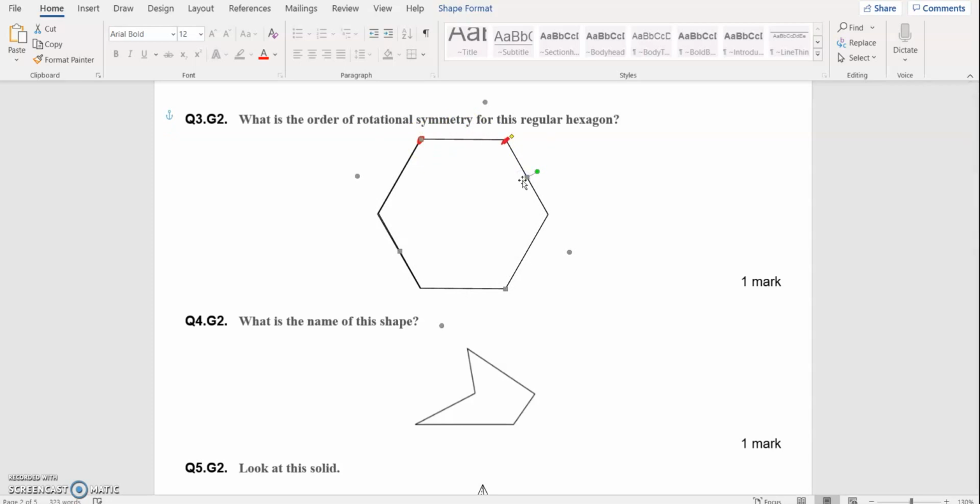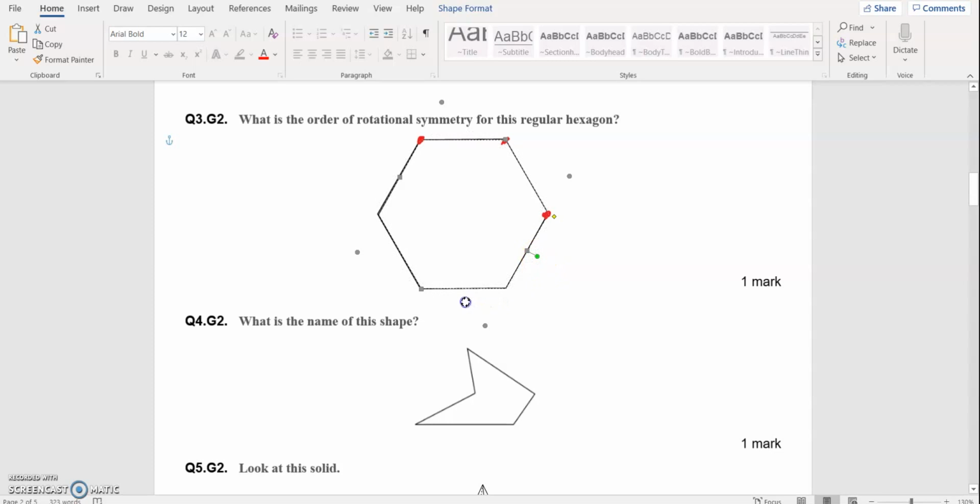So far we have the order of rotational symmetry being 1. So we've come to a point where the shape on top looks exactly the same as the shape underneath. So it fits into place. Now we'll move this again to the right, and that corner has now moved here. So this is order of rotational symmetry number 2.